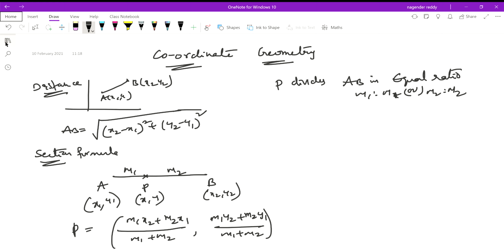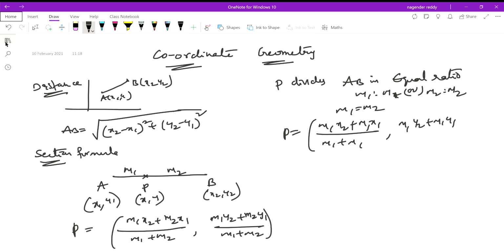Now let us assume that m1 is equal to m2. Now substitute the value. P is equal to (m1 x2 plus, in the place of m2 I am writing m1, m1 x1) by (m1 plus m1), comma, (m1 y2 plus m1 y1) by (m1 plus m1).